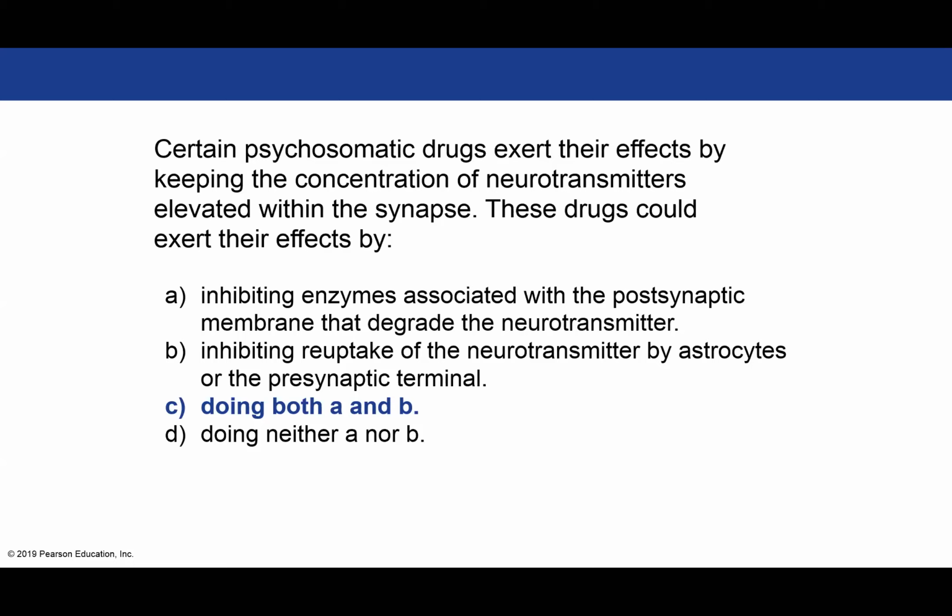The way these drugs work, they prevent the neurotransmitter from being broken down by enzymes. They can directly inhibit the enzymes that are supposed to break down the neurotransmitter, or they can block astrocytes or the presynaptic terminal so that the neurotransmitter can't be brought back up into the presynaptic terminal.